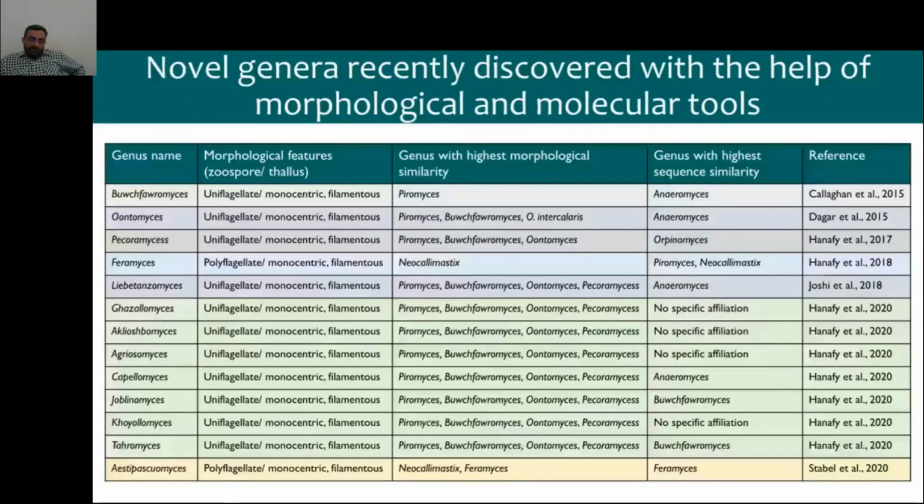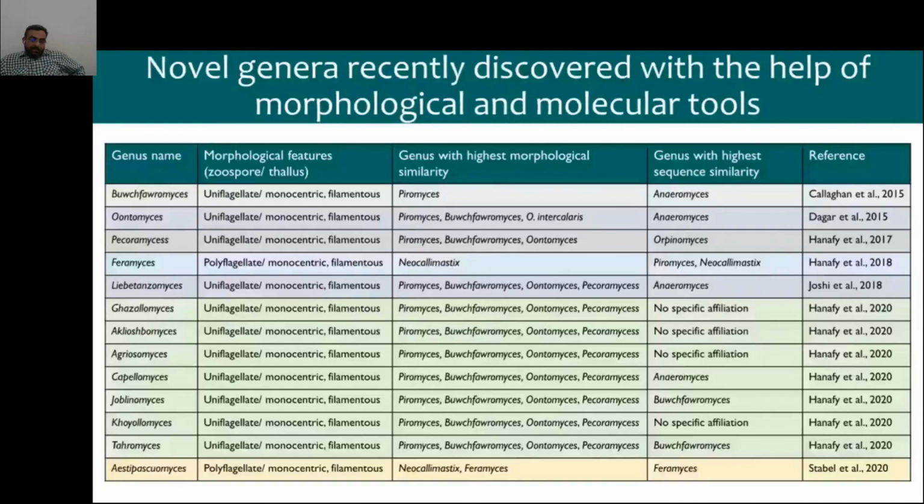A similar situation was there for Feramyces, which also had a monocentric filamentous thallus, but the zoospores were polyflagellate. So it means it is structurally similar to Neocallimastix.